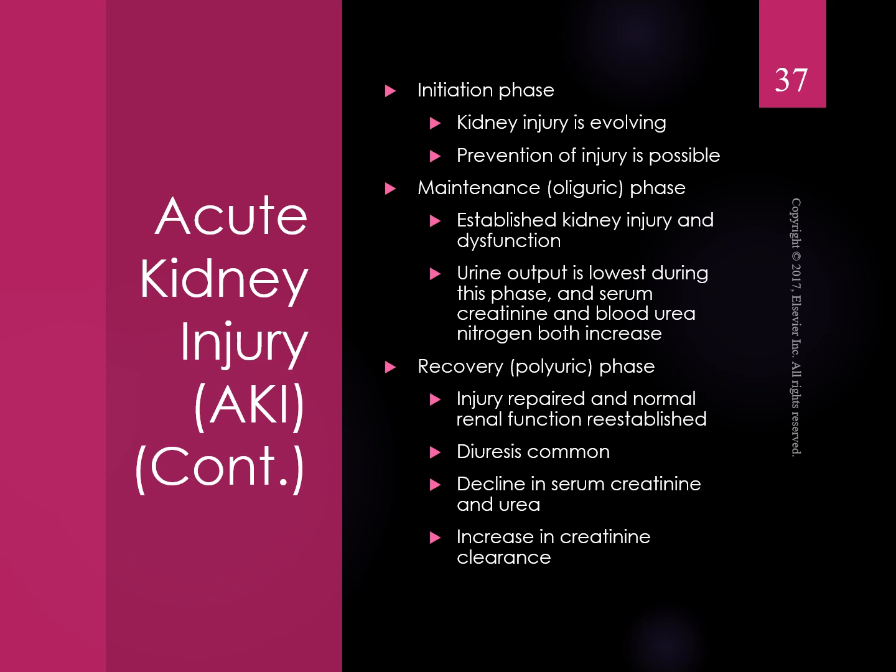Okay, so the initial phase of ARF is asymptomatic. As renal function is lost, however, symptoms appear. Clinical manifestations vary depending on the ARF phase. In the initial phase, the kidney injury is evolving.